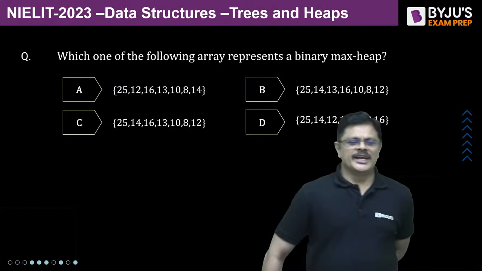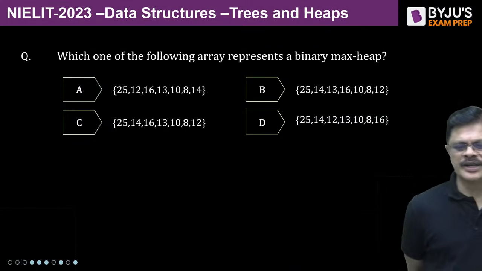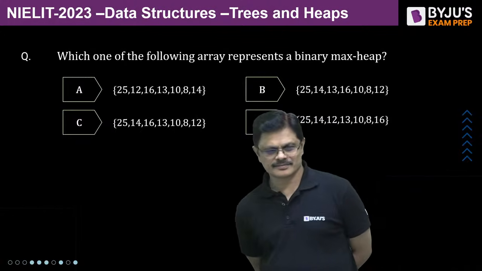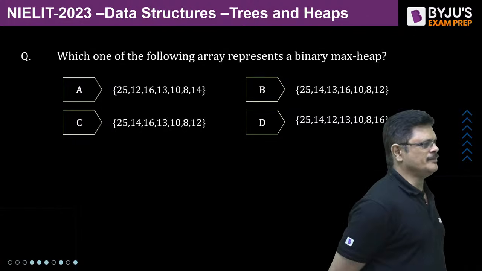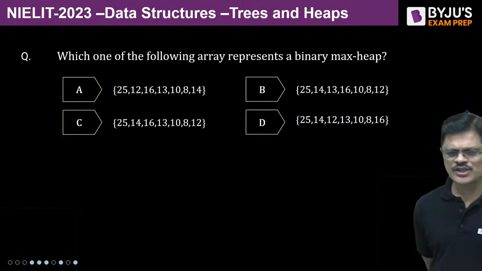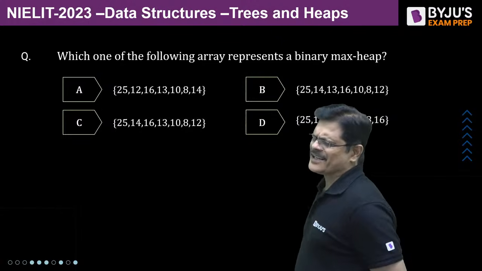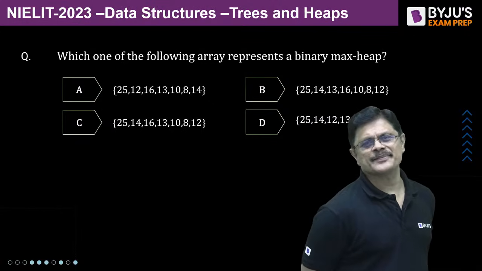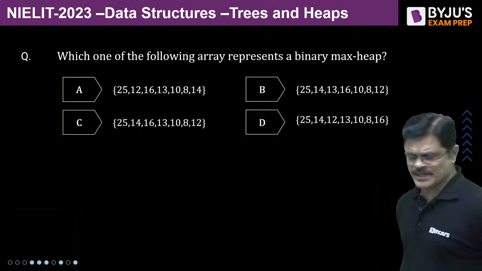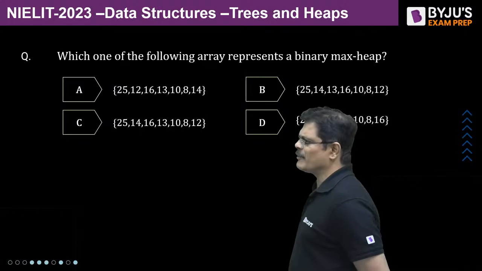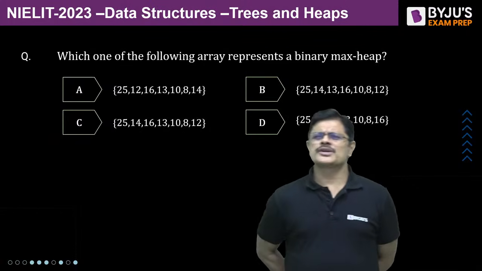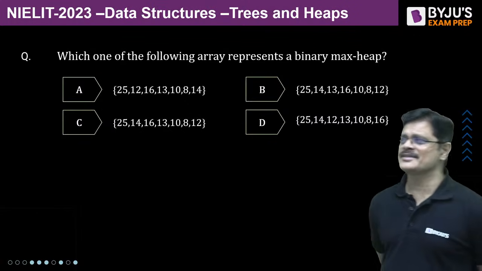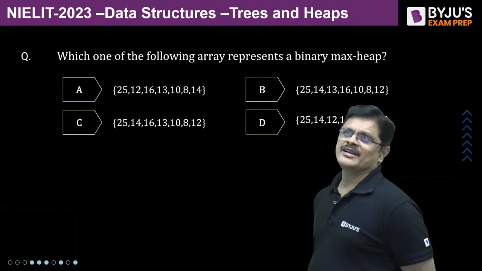Next we move on to heaps. Let us move on to heaps, my dear friends. Actually, if you observe in data structures, the main part is trees. The binary trees is the most important. Even from the GATE point of view, you can see most questions from binary trees, binary heaps, then followed by stack.